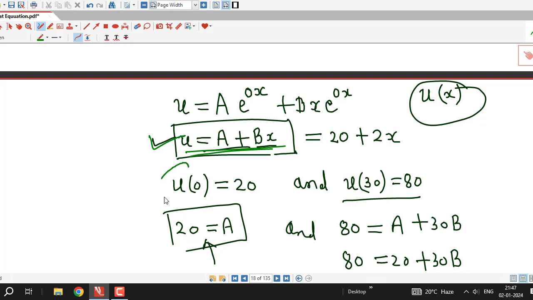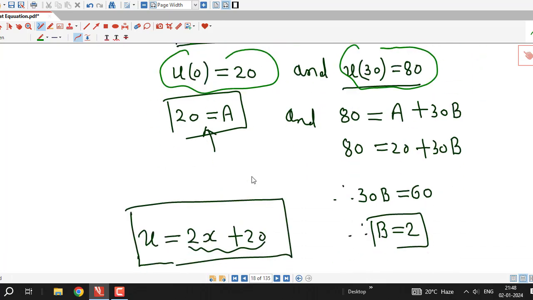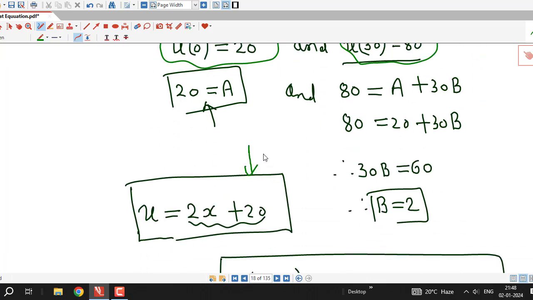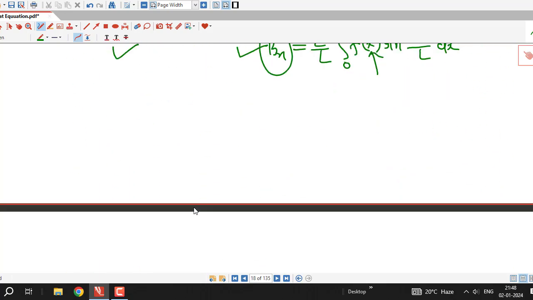Using the temperature information at end points during steady state, we are able to decide the initial condition, which is u equal to 2x plus 20 in this problem.